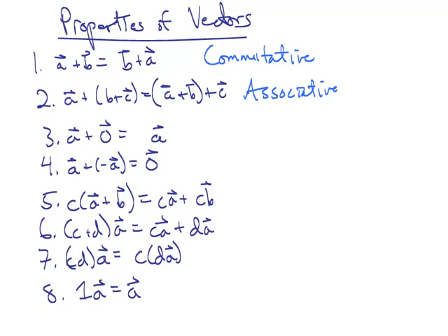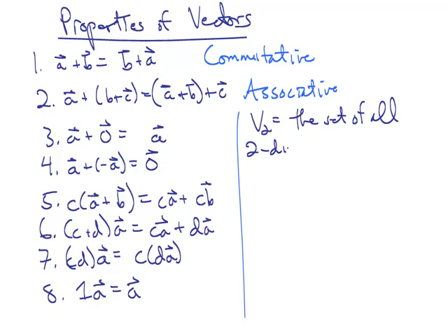Okay, and a couple other standard things here. If we talk about V sub 2, we're talking about the set of all two-dimensional vectors, so vectors that we could draw on the R2 plane.